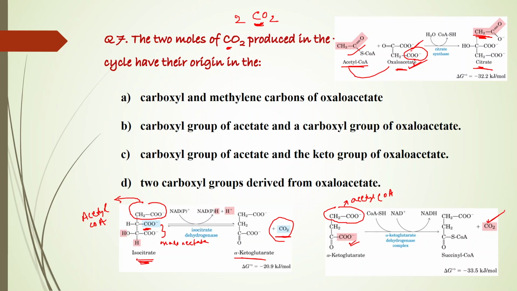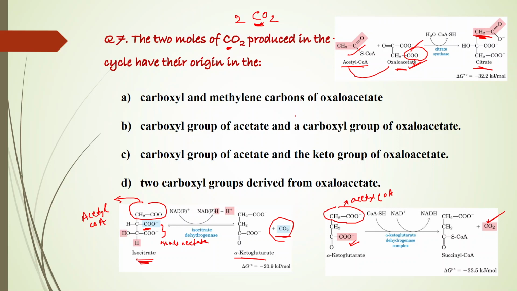So both of the COO minus that were converted to CO2 were originally coming from oxaloacetate, not from acetyl-CoA. So which carbon atoms are generating that? The two carboxyl groups.